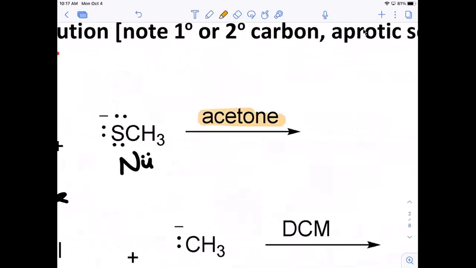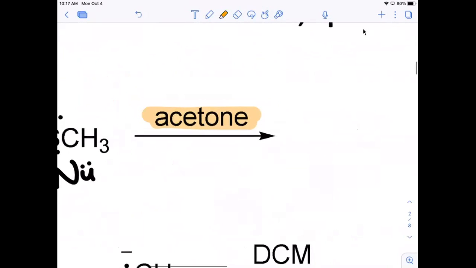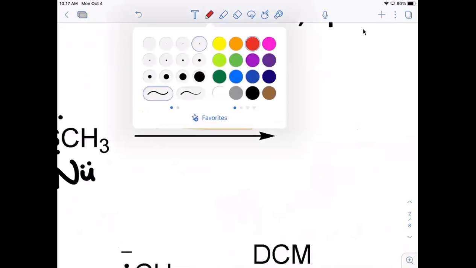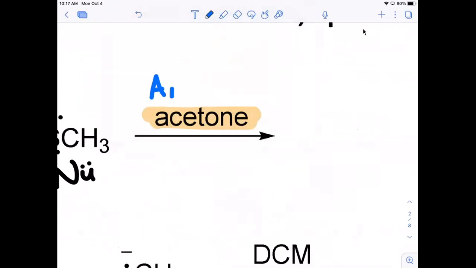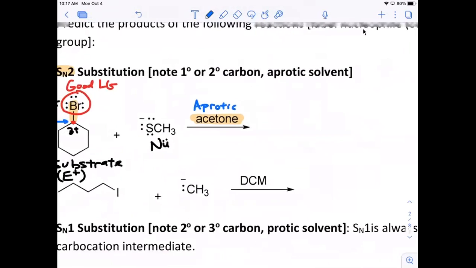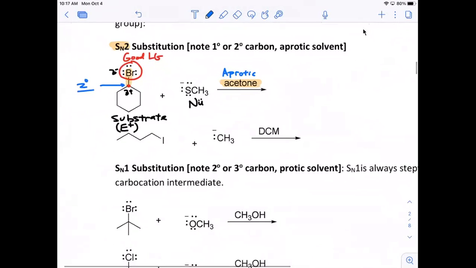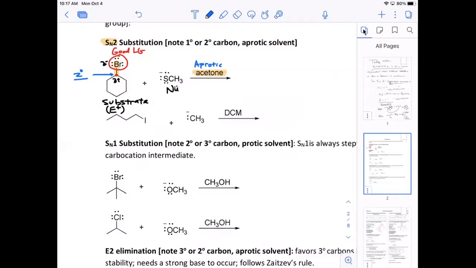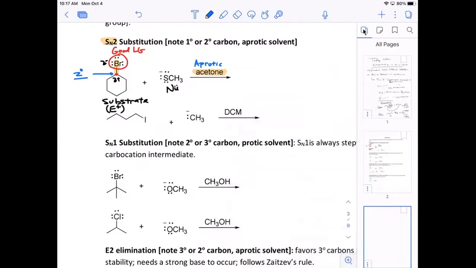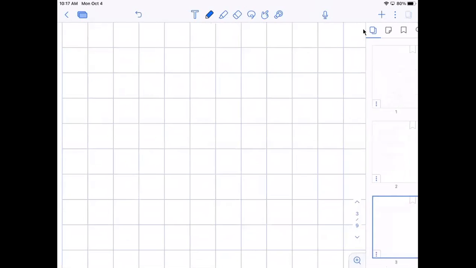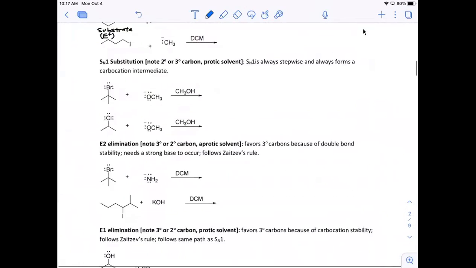This is important. This solvent, acetone, is what we call aprotic. That's very important. So let me add a page so we can talk about this reaction in more detail.